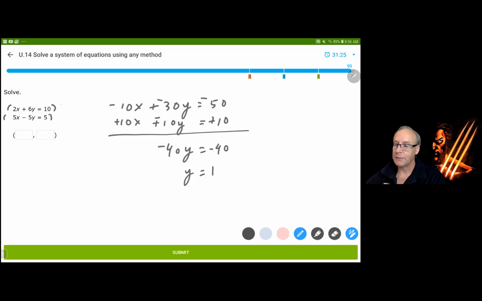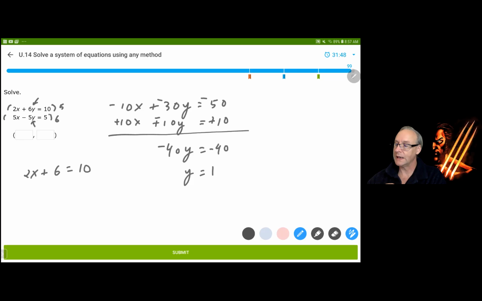Multiply the top by 5 and the bottom by 6. And look what happens. Here you get a 30y, and here you get a negative 30y. And switching the signs would do the same thing, except that you would have a negative on top and a 30 on the bottom. All right, so y is 1, and 2x plus 6 is equal to 10.